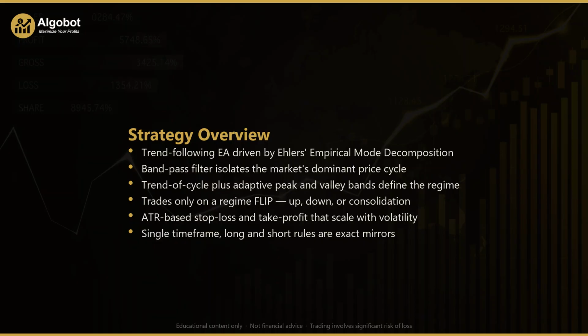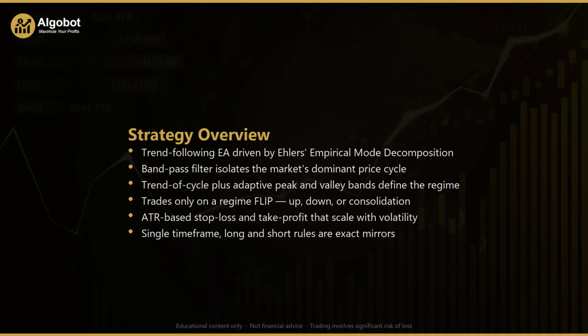Here's the core idea. The strategy takes the median price of each candle, the high plus the low divided by 2, and runs it through a two-pole bandpass filter. A bandpass filter is tuned to a specific frequency, so it isolates the market's dominant swing cycle while rejecting both the very slow background drift and the fast tick-by-tick noise. What comes out is a clean oscillation that represents the market's rhythm.